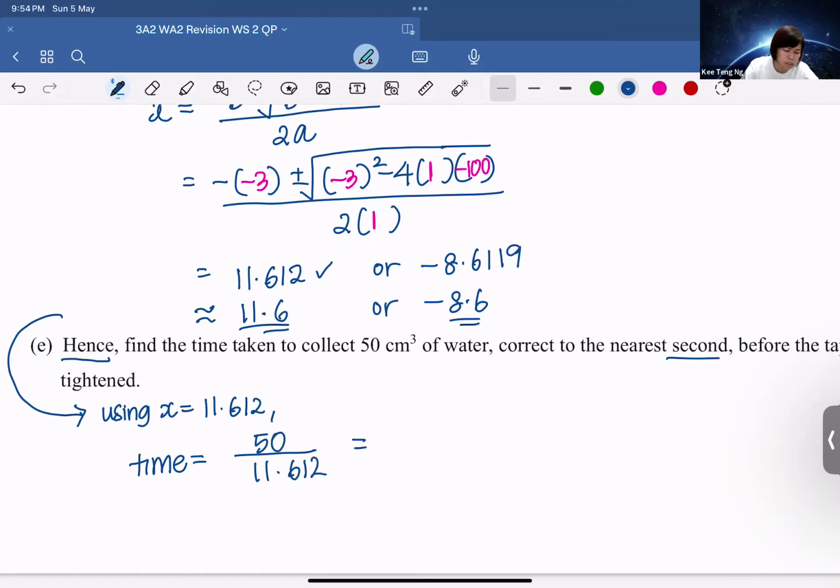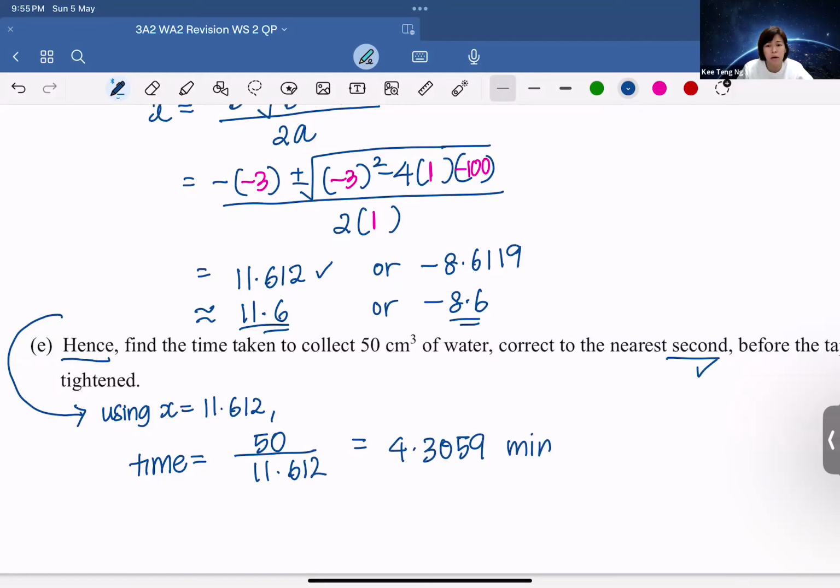And that gives me a number, 4.3059 minutes. But the question wants me to the nearest second.